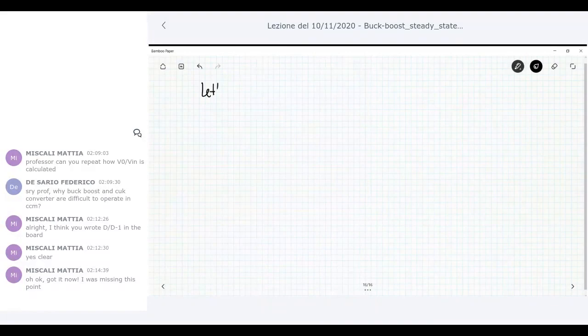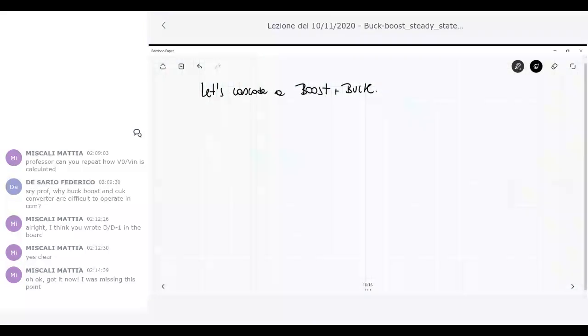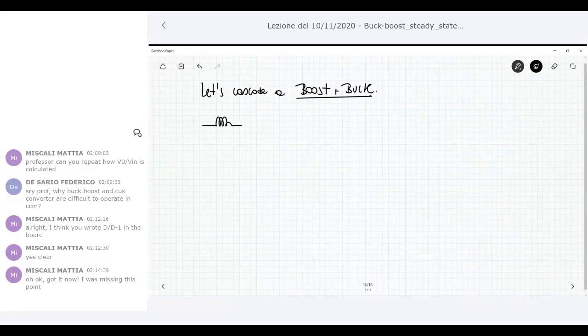Okay, so let me discuss the boost buck. So let's cascade a boost plus buck.